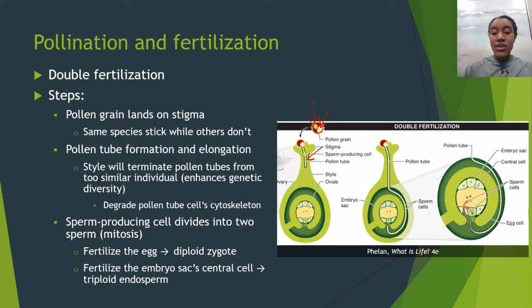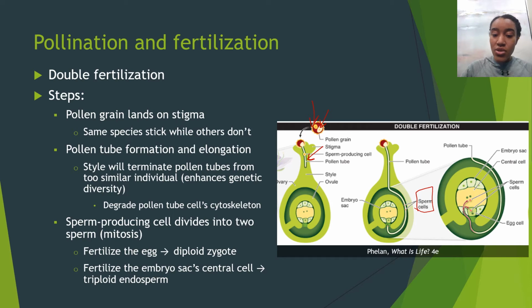So let's say in this case, the plant is genetically different enough and it gets accepted, so the pollen tube will continue to extend, and the second cell within the pollen grain will travel behind the pollen tube, and as it's traveling down the pollen tube, it will undergo mitosis to form two haploid sperm cells. So now instead of one haploid cell traveling down the tube, we have two haploid sperm cells.